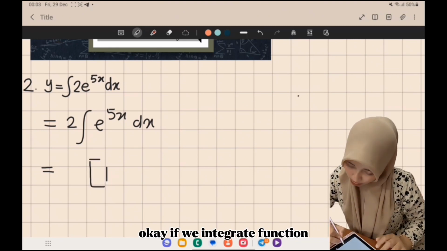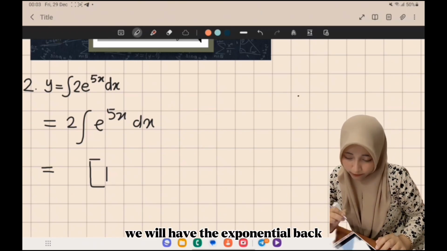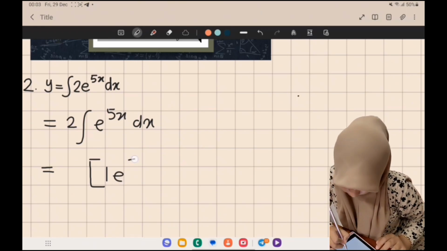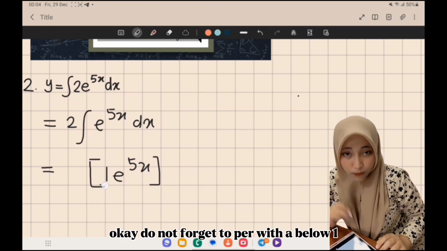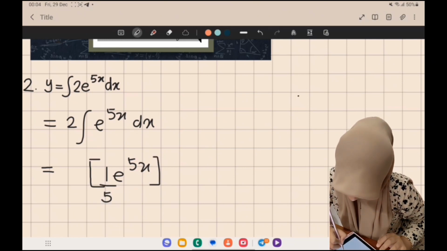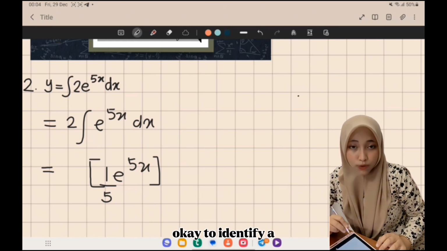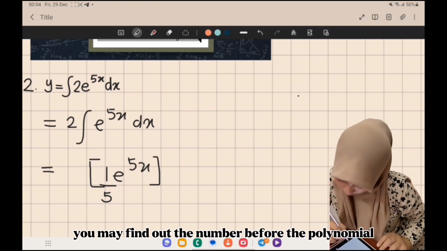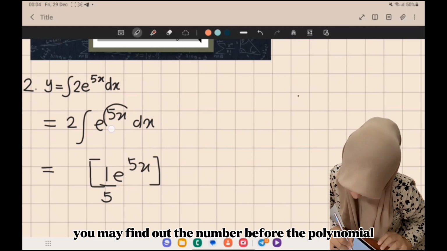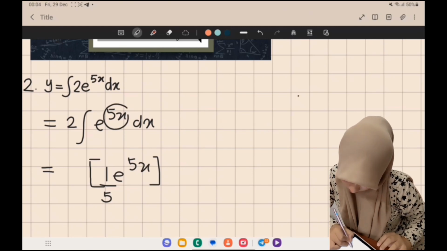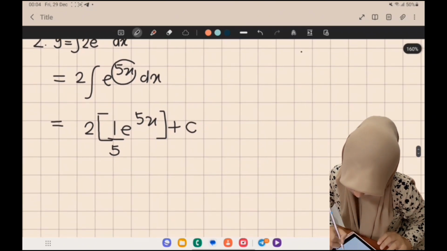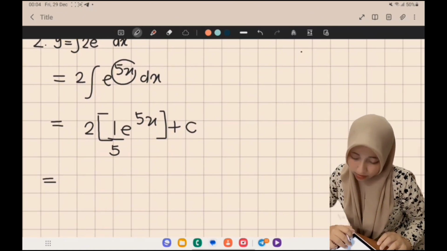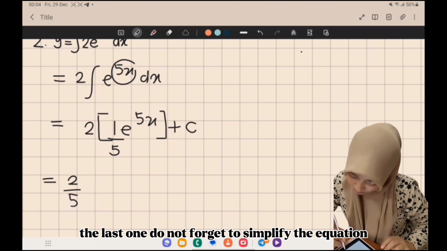Okay, if we integrate the function, we will have the exponential back. Do not forget to put a below 1. To identify a, you may find out the number before the polynomial. Then copy all the polynomial back. The last one, do not forget to simplify the equation.